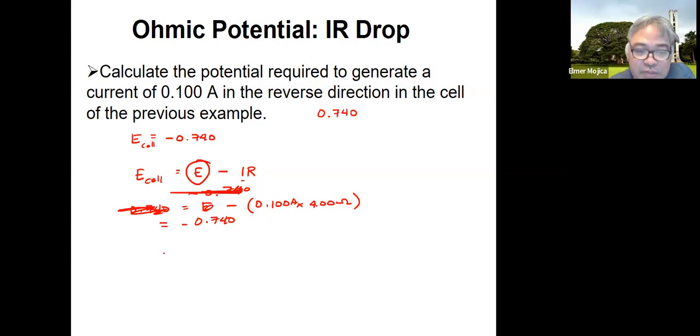So ano yung makukuha mo? Negative 1.08, 0.74 minus 0.1 times 4. This is 0.4, di ba?